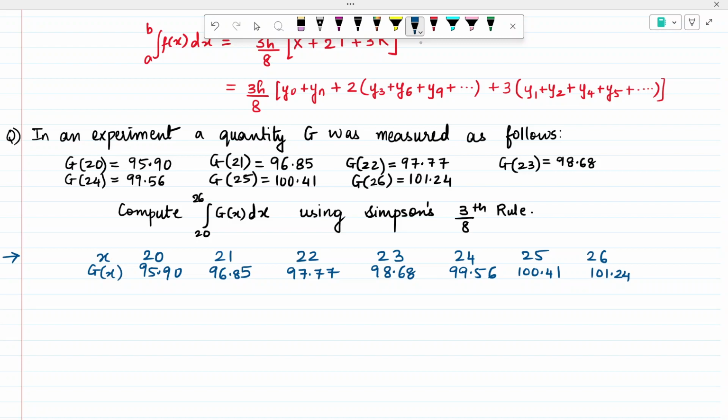Okay, let's call these y0, y1, y2, y3, y4, y5 and y6.